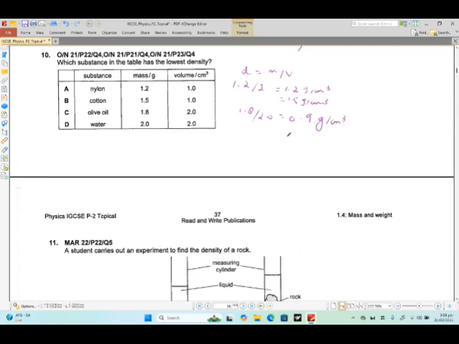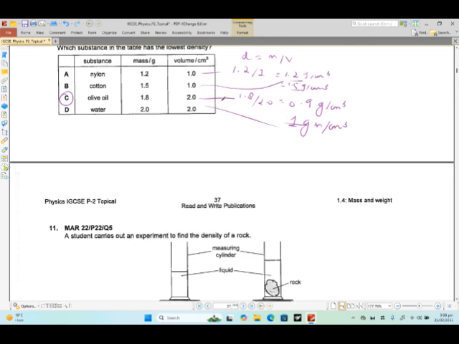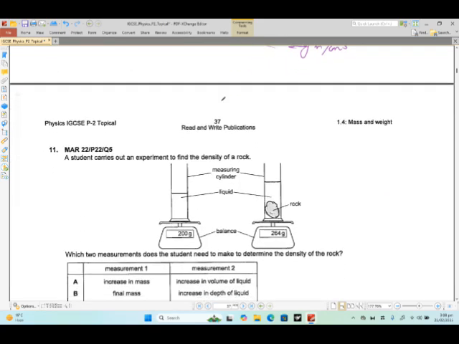And here we have a density of 1 gram per centimeter cube. So out of all these values, the lowest density is C, 0.9 grams per centimeter cube. This was the lowest. 1.2, 1.5 and 1 are all higher than the value of olive oil.